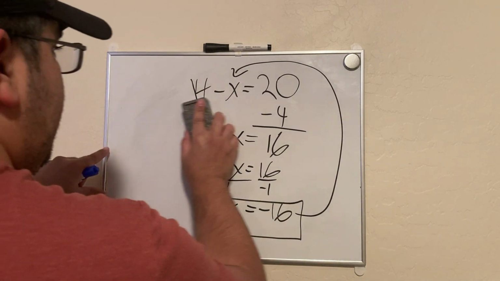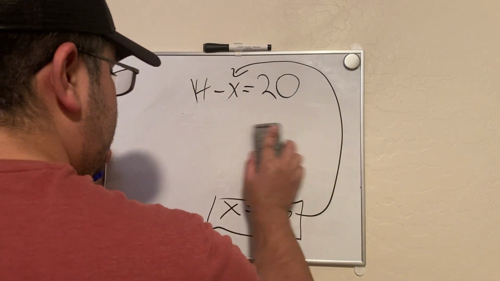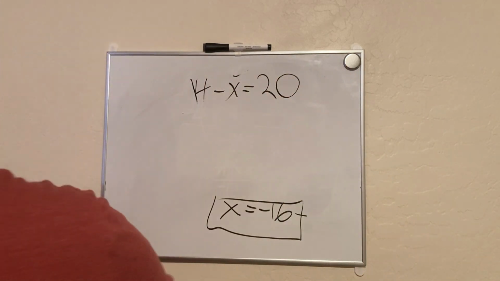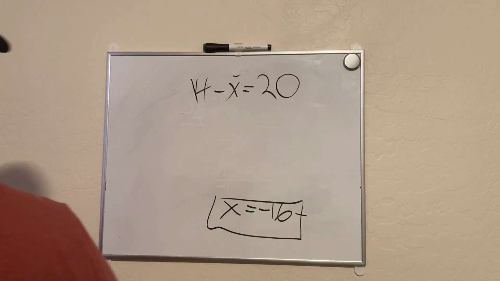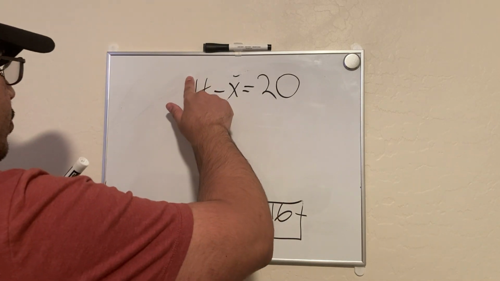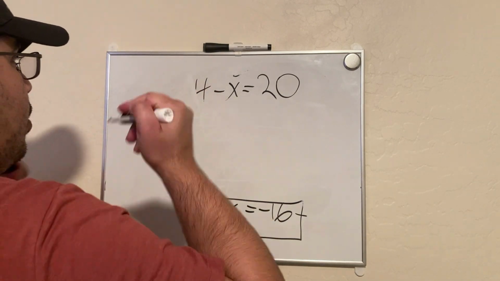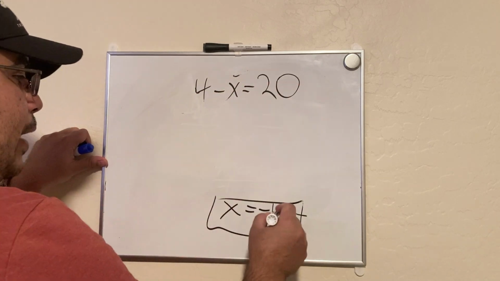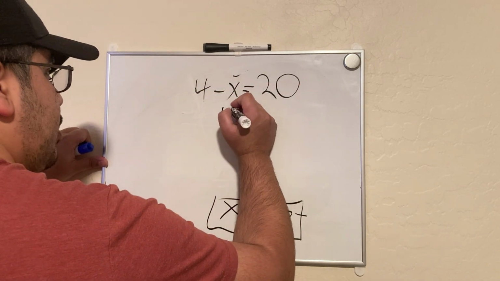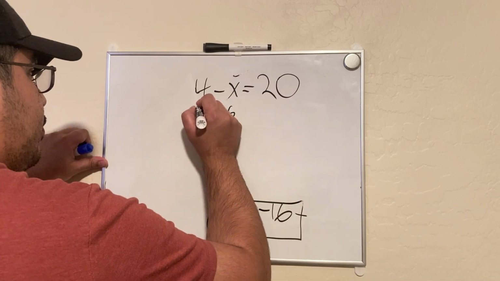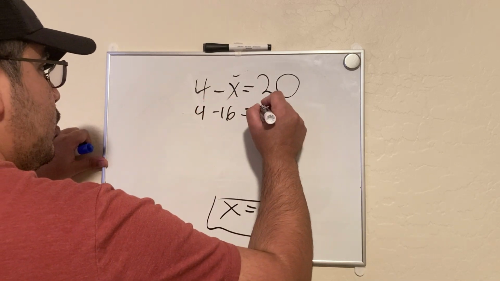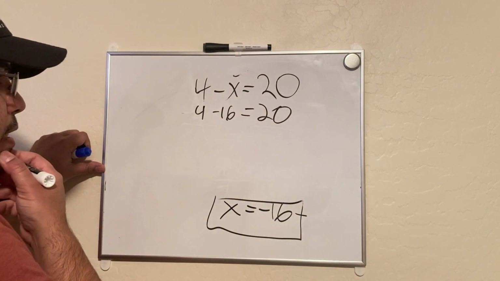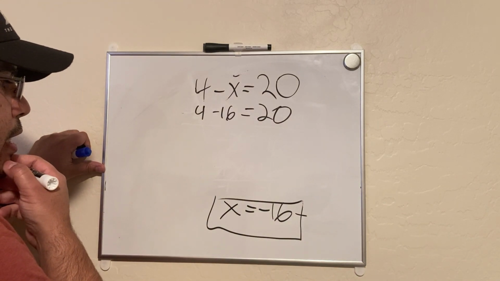I'll clear everything else out, but we still have the equation up: 4 minus x equals 20. So let's put back the 16. We got 4 minus 16 equals 20. Does that work? It doesn't work.